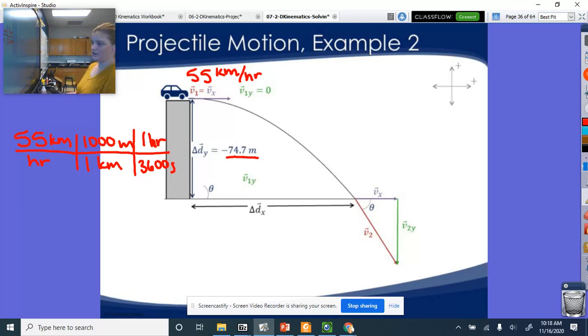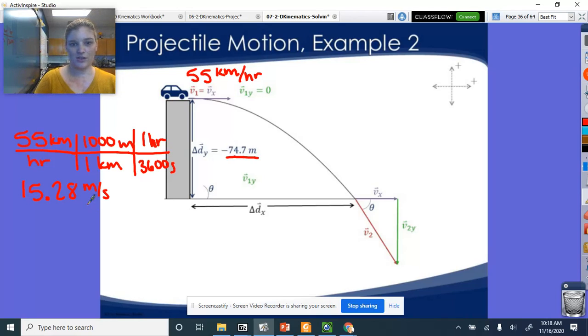And then I just multiply those straight across. So I'm moving at 15.28 meters per second. That's going to be the type of number we want to use. Kilometers per hour is not going to jive with anything else we do.